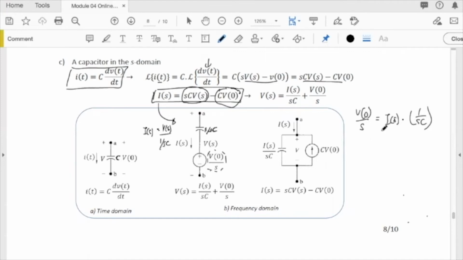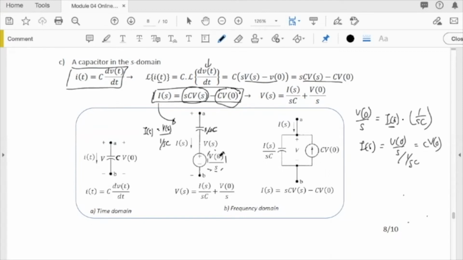Next, if you want to find I(S), you take the 1 over SC and bring it to the other side, so it becomes SC. If you simplify, because this one you can bring up, you will get CV0.